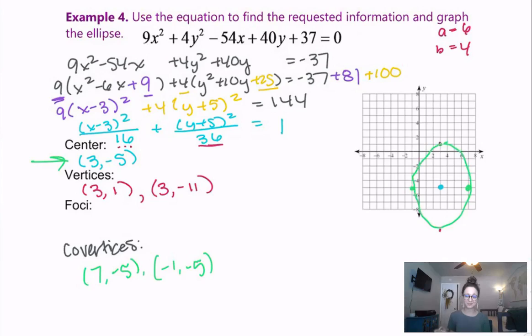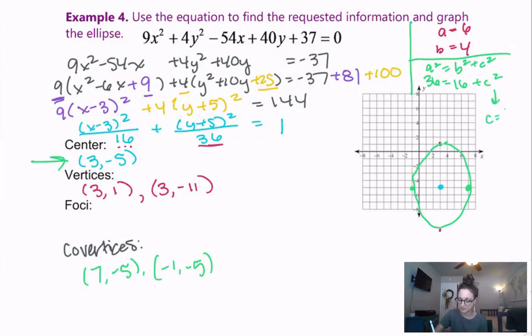Okay, and if I wanted to find the foci, I would need that Pythagorean relation, which is a squared equals b squared plus c squared. Well, a squared is 36, b squared is 16. So c squared is going to be 20, right? 36 minus 16.